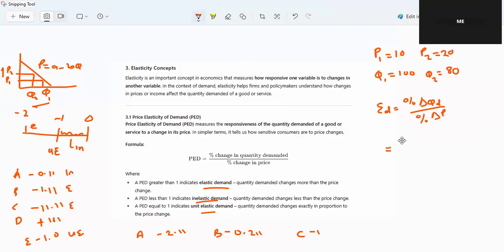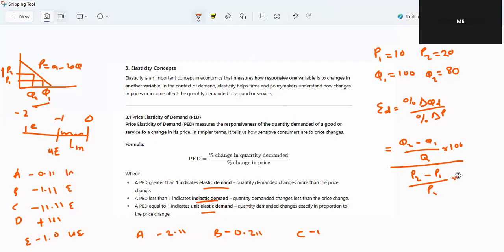Literally it is Q2 minus Q1 over Q1 times 100. That is the percent change in quantity on top. Then we go down, P2 minus P1 over P1 times 100.